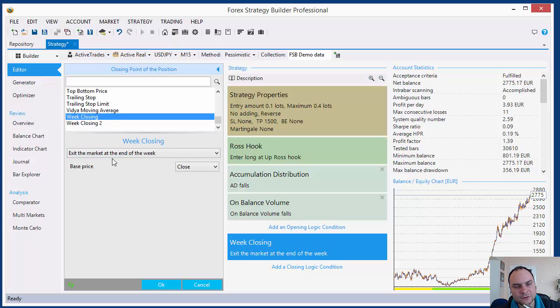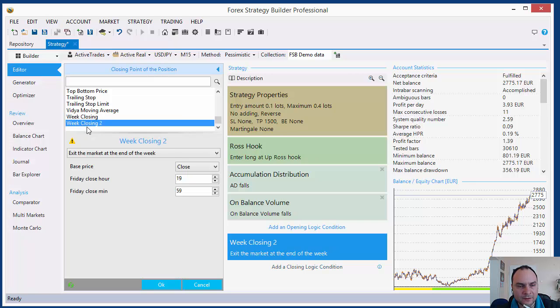Week closing must close our position at the end of the week. But this indicator is more or less theoretical because it wants to close the position at 2400, but our broker stops trading before that. In my case, my broker closes the market at 2300.